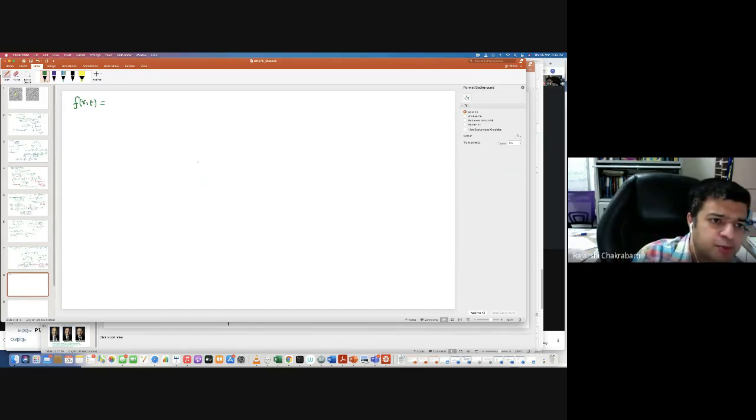Okay, so what is the expression for this f of x comma t? This is the expression. Now I ask you to calculate this x square average.